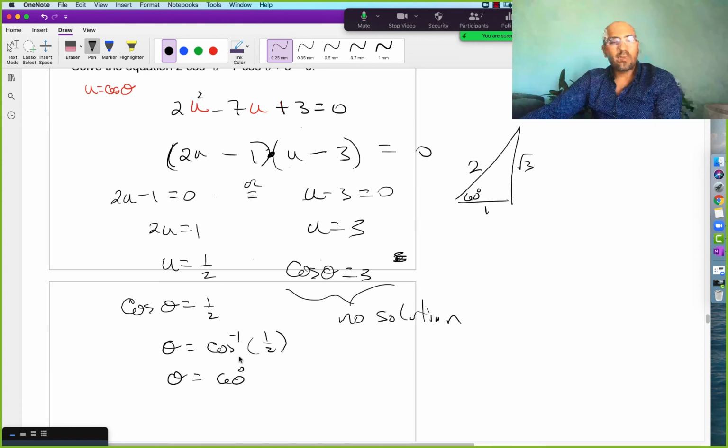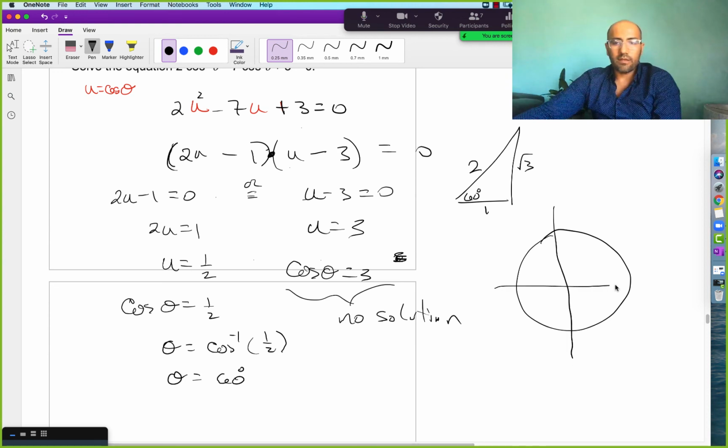Cosine is positive 1/2 in quadrant 1. But cosine is also positive in quadrant 4. So if I go back to my unit circle kind of thoughts on this, I'm going to have this over here, 60 degrees. But then over here, where this is negative 60 degrees, we have another case where that's going to be true.